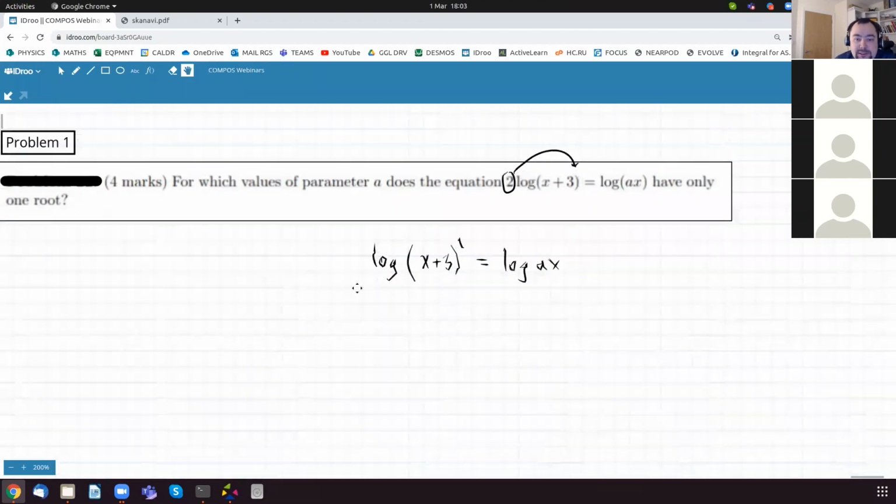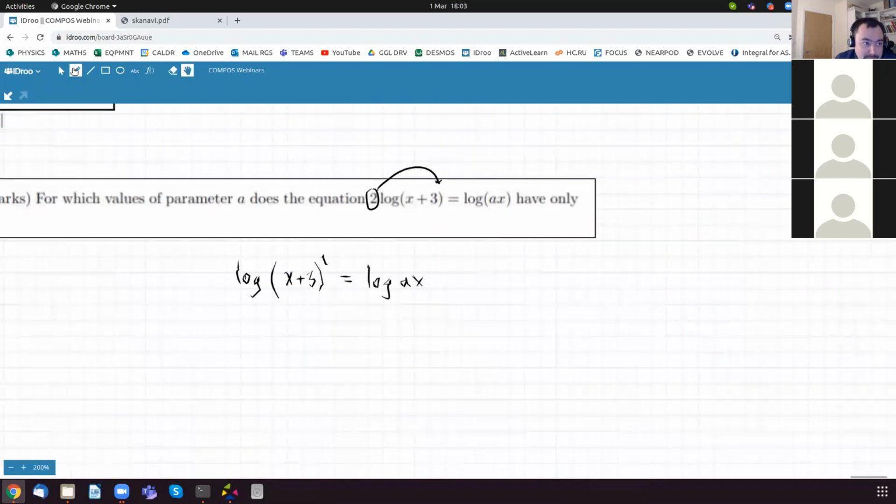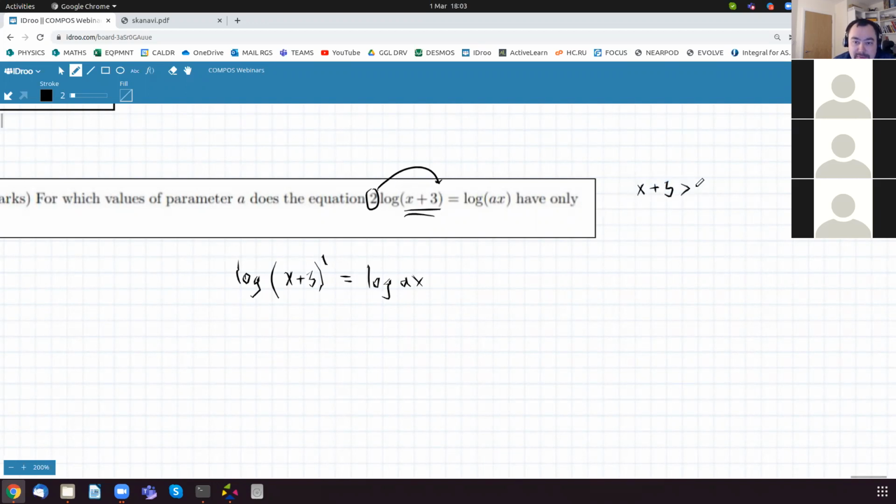Another thing which we need to consider is that x plus 3 must be positive, because you cannot take a logarithm of a negative number, and that means that x is greater than -3.